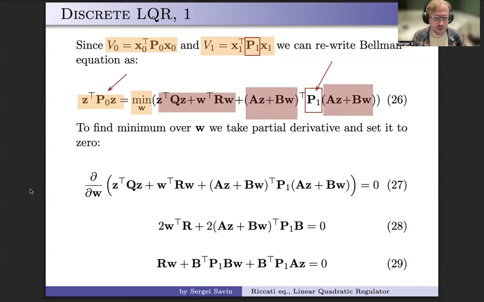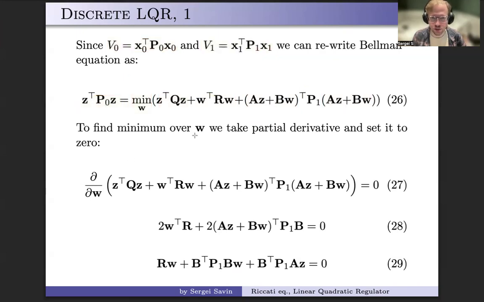All right. Now let us take the partial derivative with respect to W of this whole expression. We'll do it a little bit faster. But what we notice is this guy would become this.